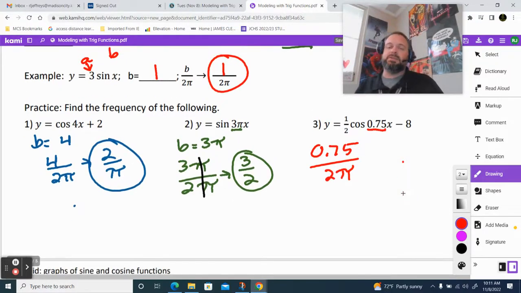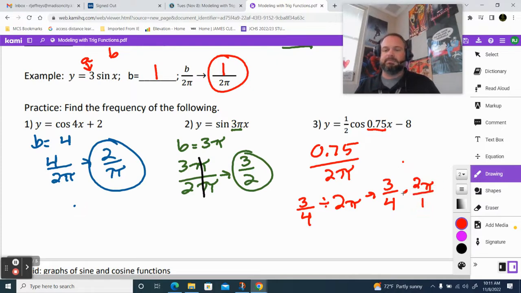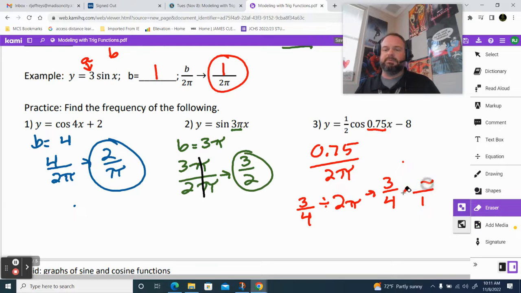And they're going to make you write this 0.75 as a fraction, divided by 2 pi, which is the same thing as a fraction, okay? If we keep change flip, oh, nope, I flipped the wrong way.